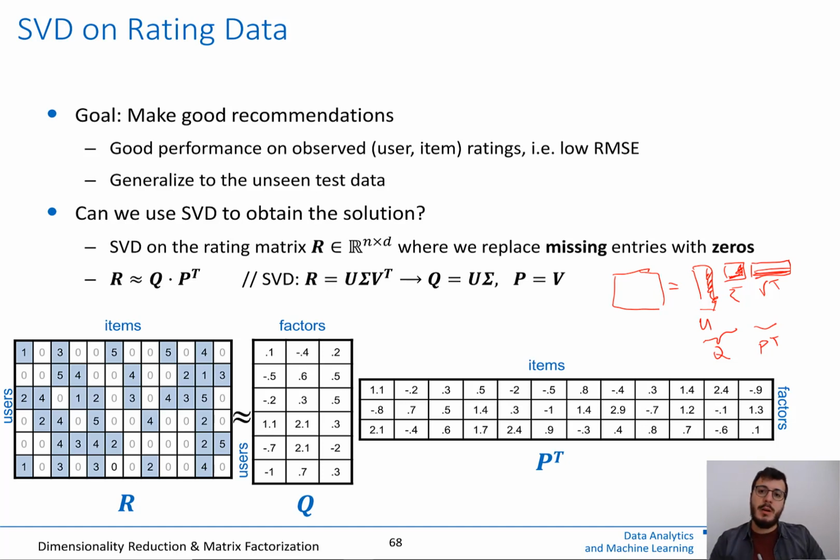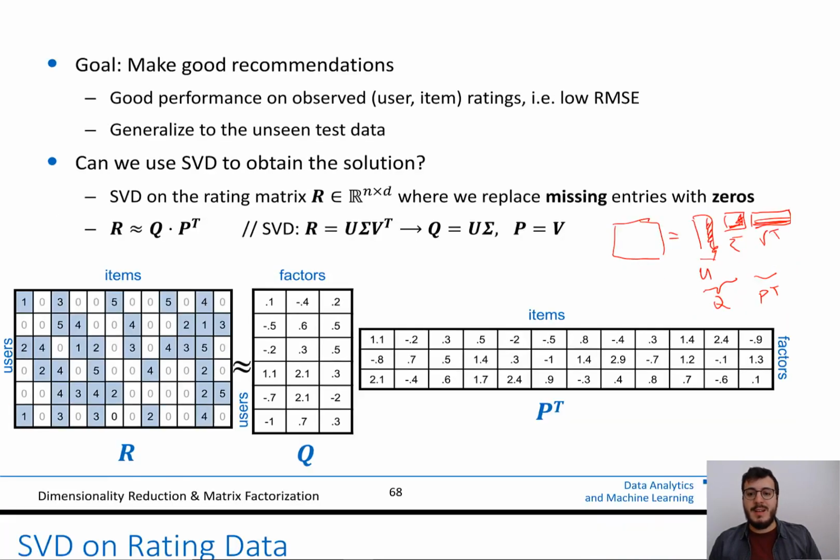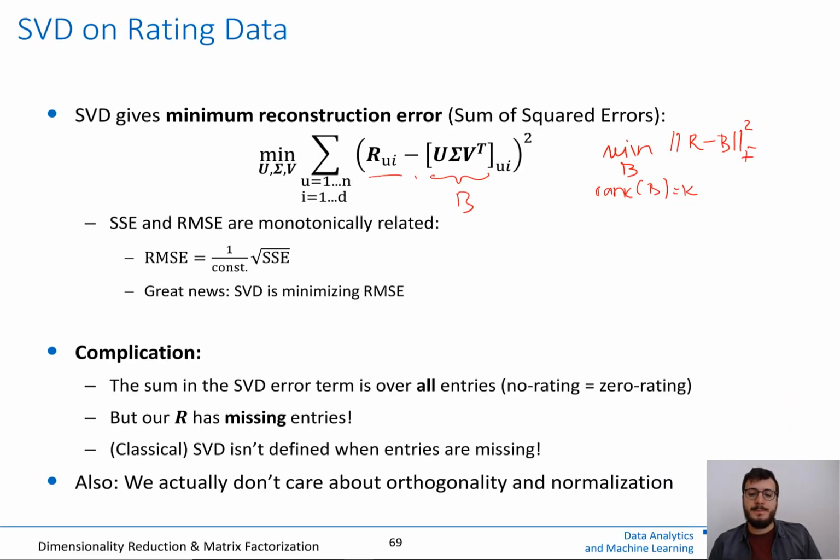If there's a low number in the original matrix, SVD will try and get a low number in the reconstructed matrix. And then what this means is that SVD will try to reconstruct all of the zeros in addition to trying to reconstruct all of the actual ratings that we've observed. And this is not ideal because no rating is not the same as zero rating.